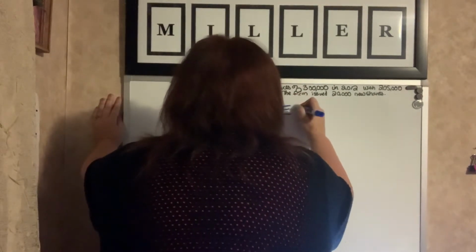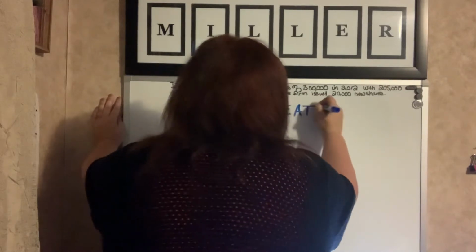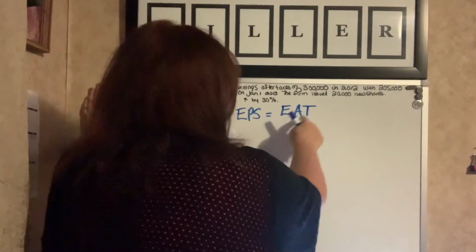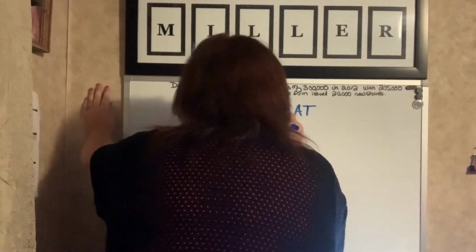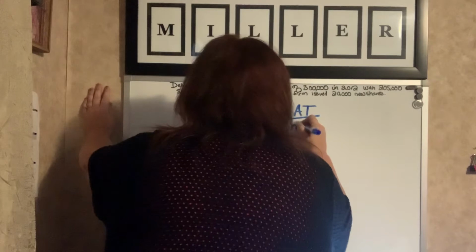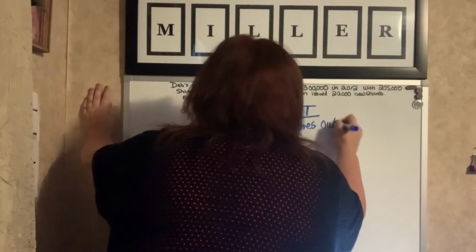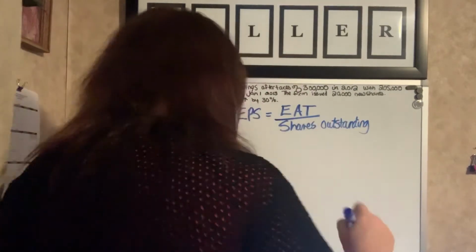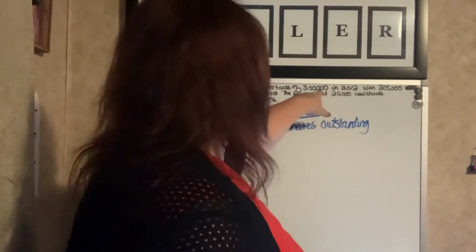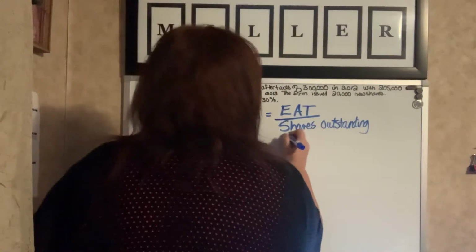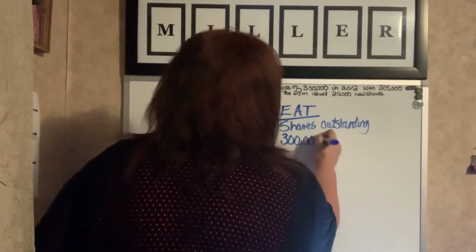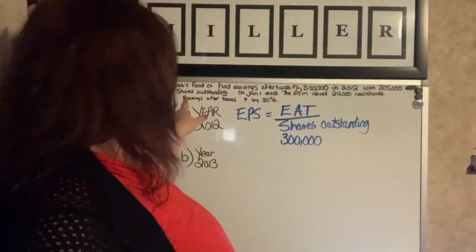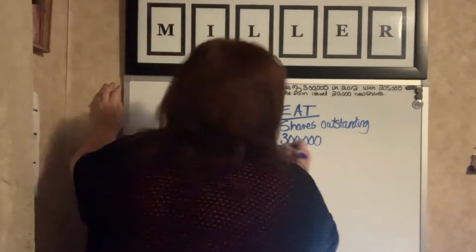So let's take the information that we have here and do the math. We have $300,000, and it says we have 205,000 shares outstanding.